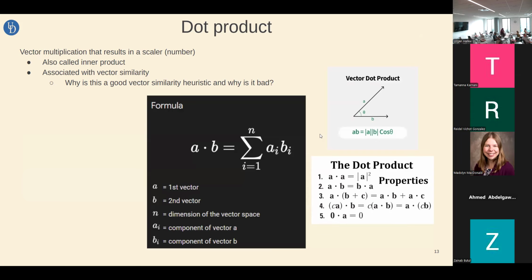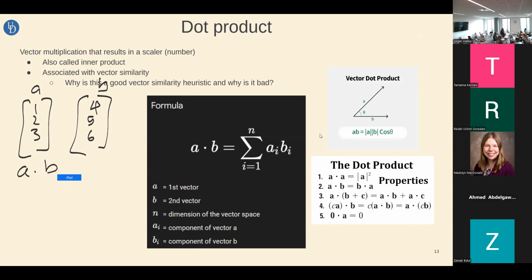If you have 2 vectors, let's say 1, 2, 3 and 4, 5, 6, our favorite iPad password there. The dot product between A and B, A dot B, is going to be this element-wise multiplication and then added together.